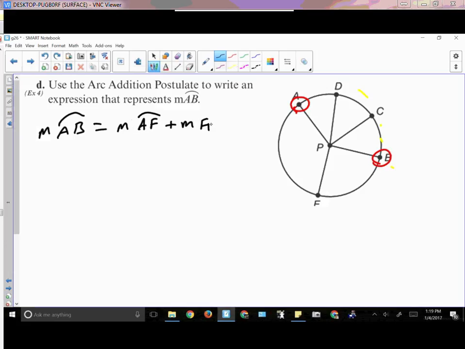Would that work? Would that give me what I want? Is that an arc addition postulate to get me to AB? Yes or no?